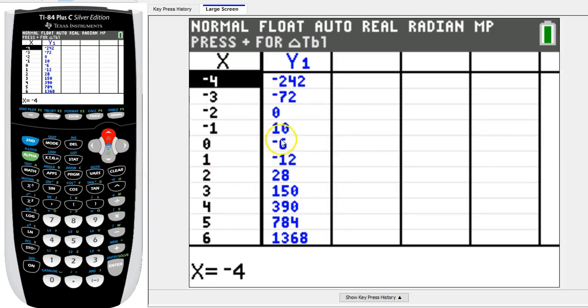And let's see, I see another place where it changes from positive to negative here. So between -1 and 0, there's going to be another x-intercept. And then it goes below the x-axis, and then it pops up above the x-axis and stays up. So I'm seeing zeros between 1 and 2 as well.